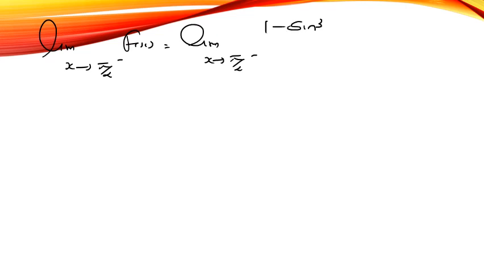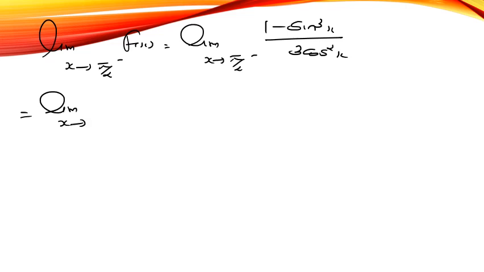So what you have to find out first: limit x tends to pi by 2 minus of f of x, which is limit x tends to pi by 2 minus of (1 minus sine cube x) by (3 cos squared x).